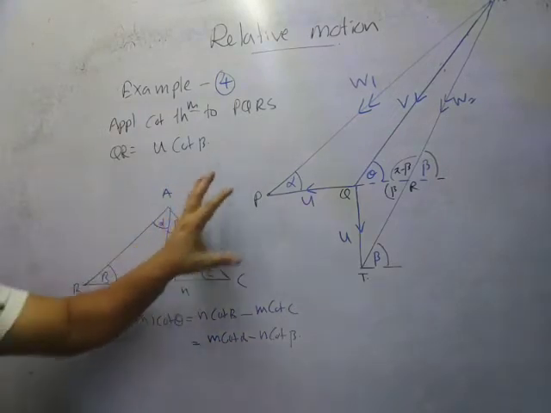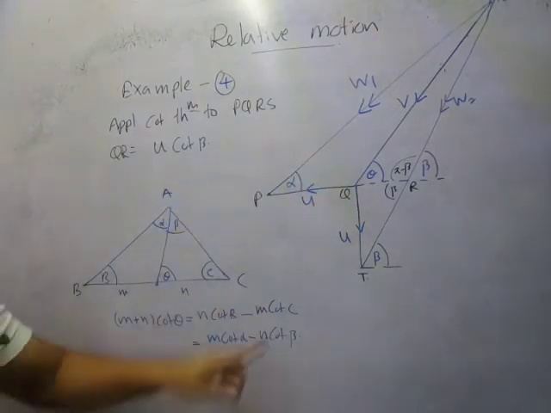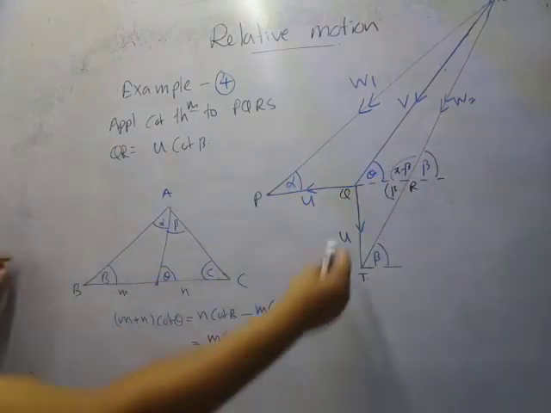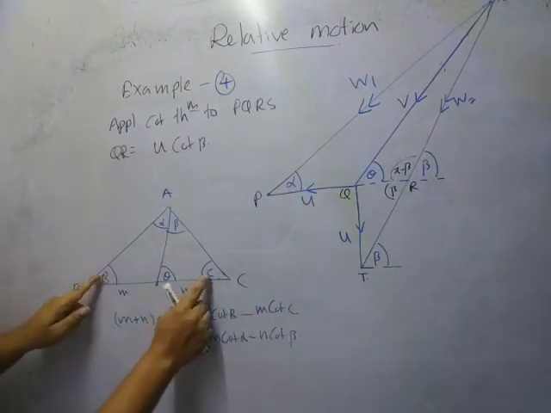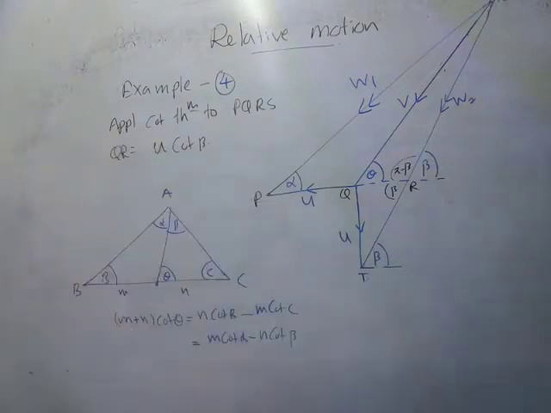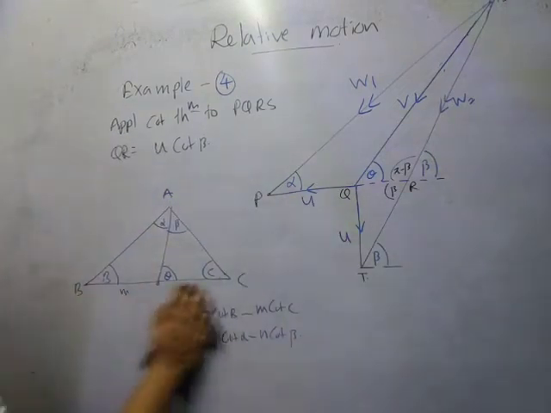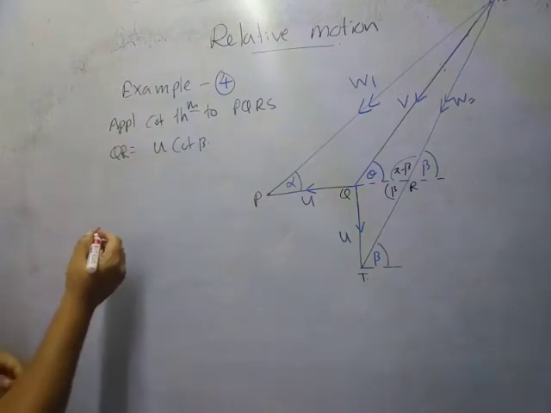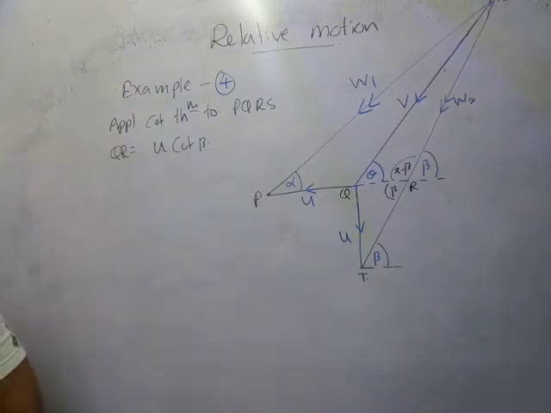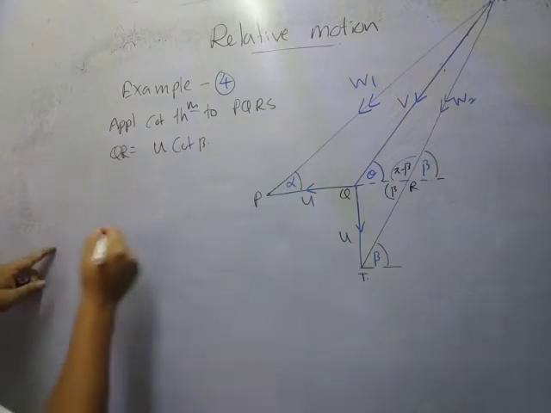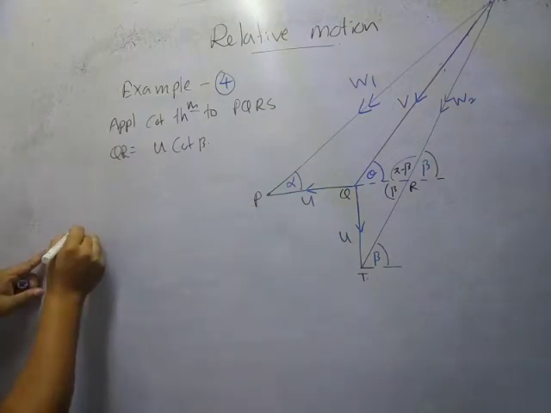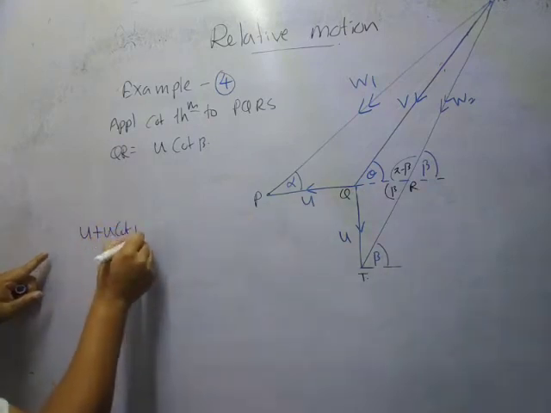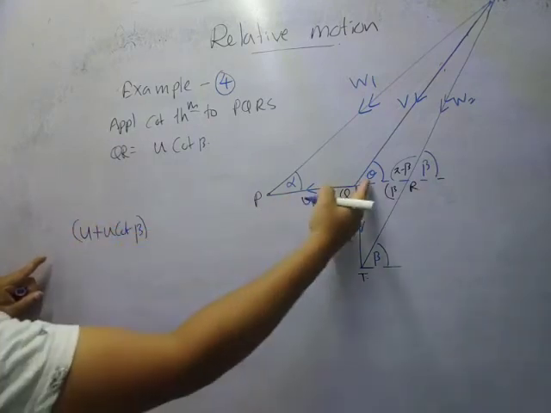So now apply this to this. So what angles do you know? You know alpha, you know theta, you know pi minus beta. මේ angle එක දන්නවා. So we have to use this formula. So let's try that one now. Therefore, u plus u cot beta, cot theta.